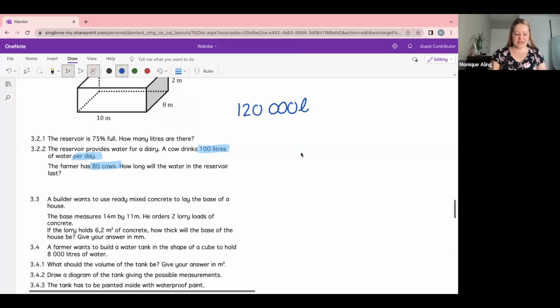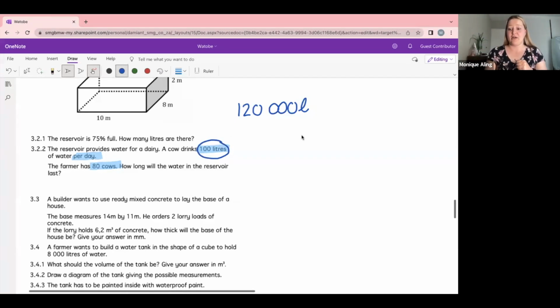Okay, and what happened to the 100 liters that a cow drinks per day? Oh, yeah. Okay.